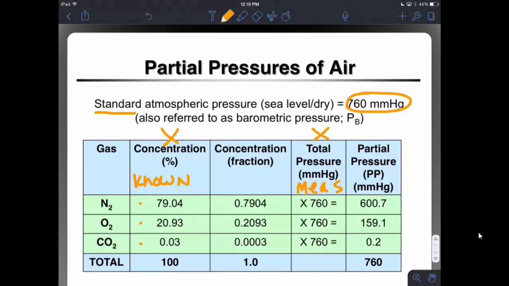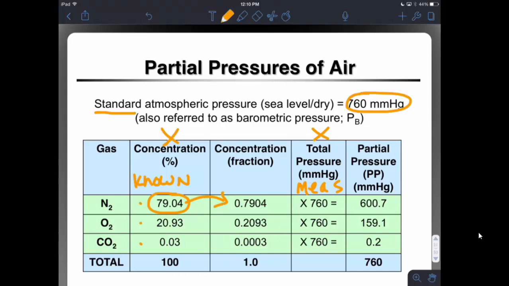Now the next thing is, I've told you this before in a previous chapter, that if you're going to do math with percentages, you can't use this value. You need to use the fraction value.